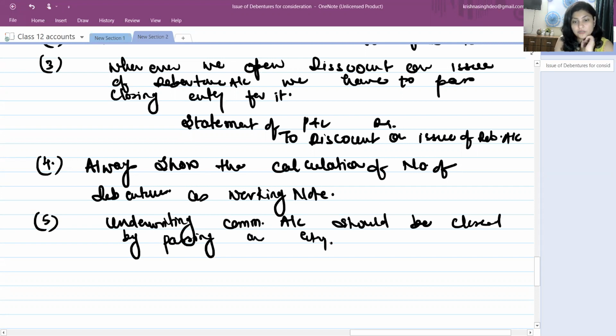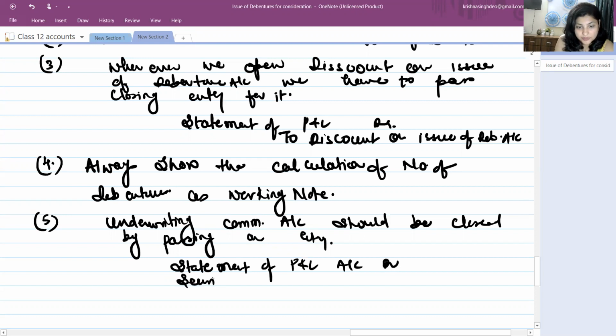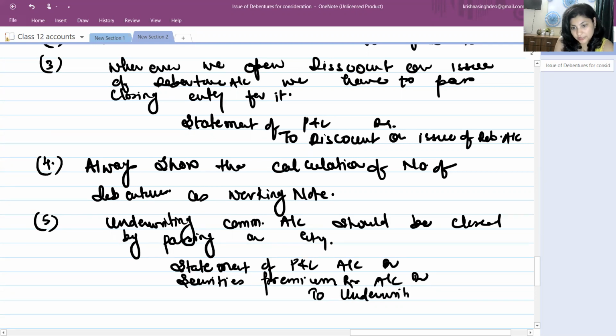So underwriting commission, though we had done it when we did underwriters commission topic, but still since we are writing the notes, we'll write it once again. So it can be statement of profit and loss account debit, or securities premium reserve account debit if the balance is there, to underwriting commission.